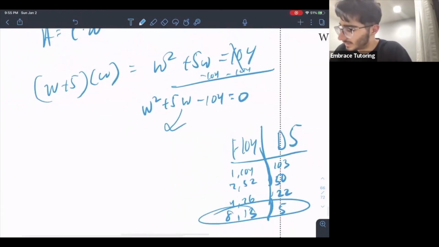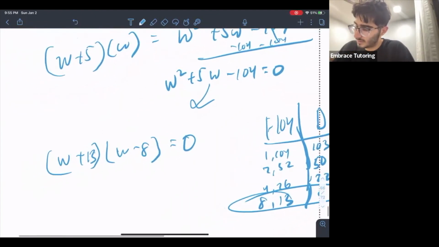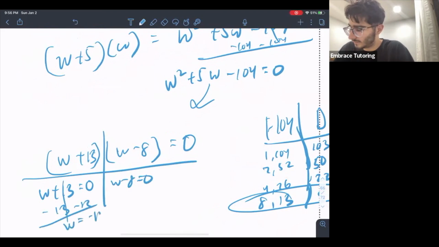So then we can set this as W plus 13 times W minus 8 is equal to 0. You separate the two: subtract the 13, W is equal to negative 13, and add the 8 on both sides, W is equal to 8 for this one.